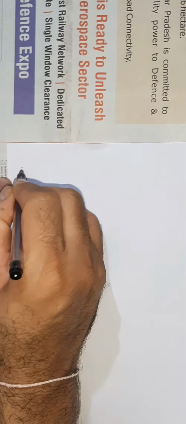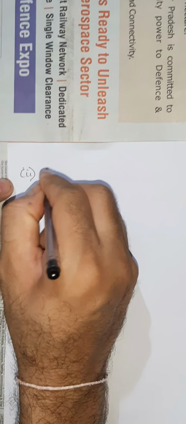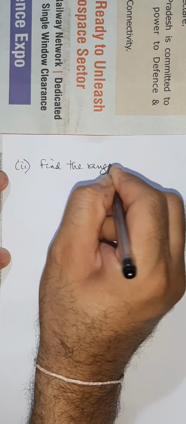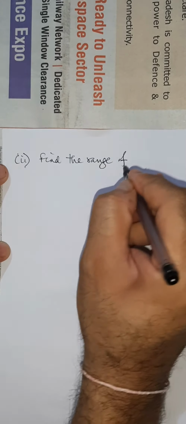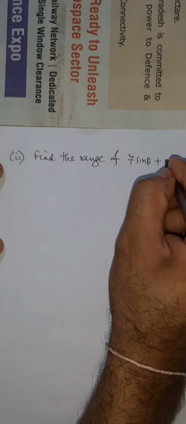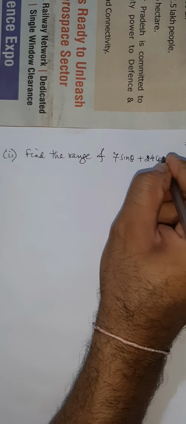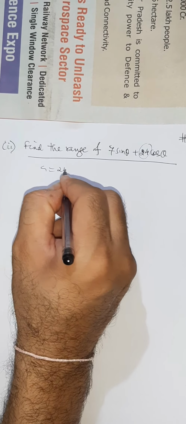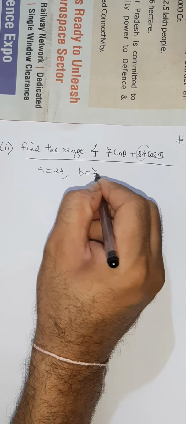Next, one more example. Let's see. Question is find the range of 7 sin theta plus 24 cosine theta. Let's do this mixed function. So if you just recall, your a is 24, b is 7 here.